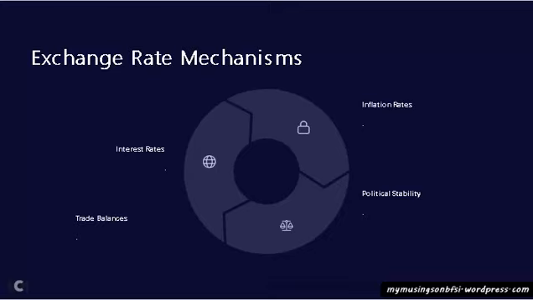Inflation rate. If there is a persistent inflation rate causing erosion in the currency's value, then the currency will come down. For example, in 2023, Turkey's high inflation rate, almost 50-60%, led to a sharp decline in the Turkish lira against dollar and euro. Then comes the political stability.